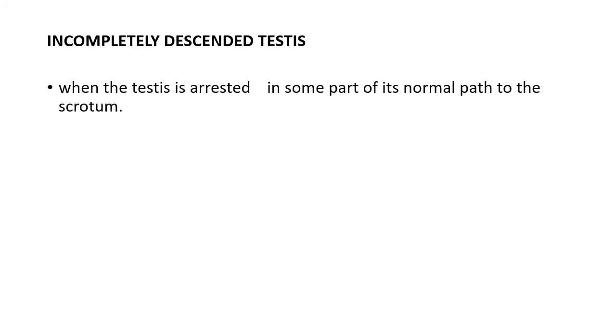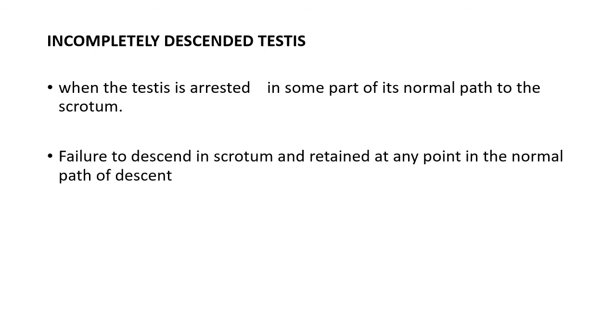Incompletely descended testes means the testis is arrested at some point in its normal path while going to the bottom of the scrotum. In other words, it is a failure of the testes to descend, or they get retained at any point in the normal path of descent.